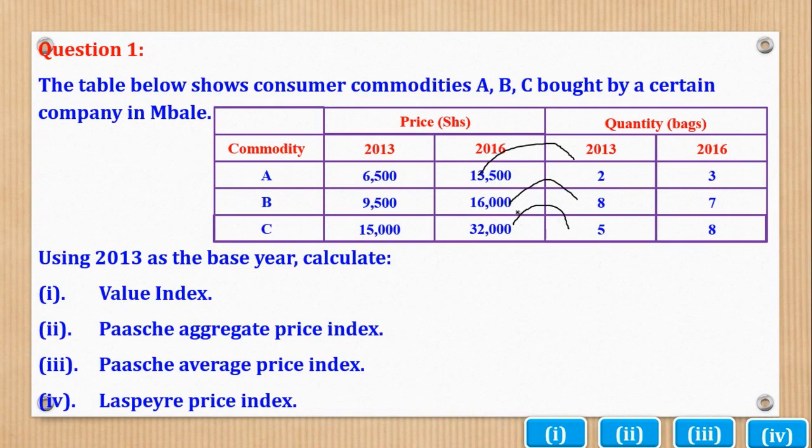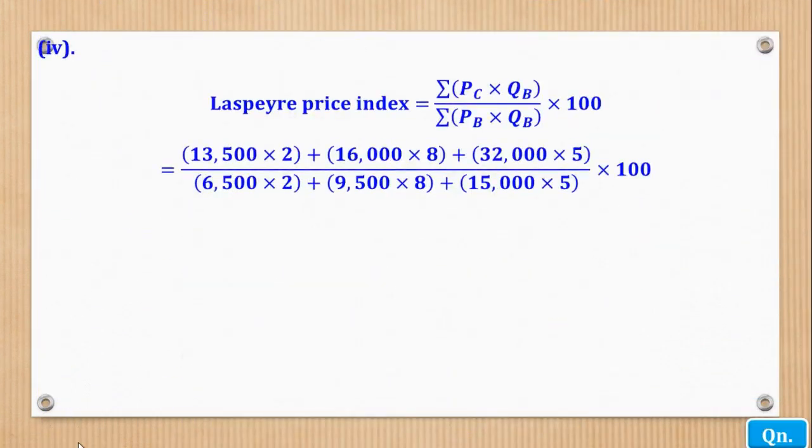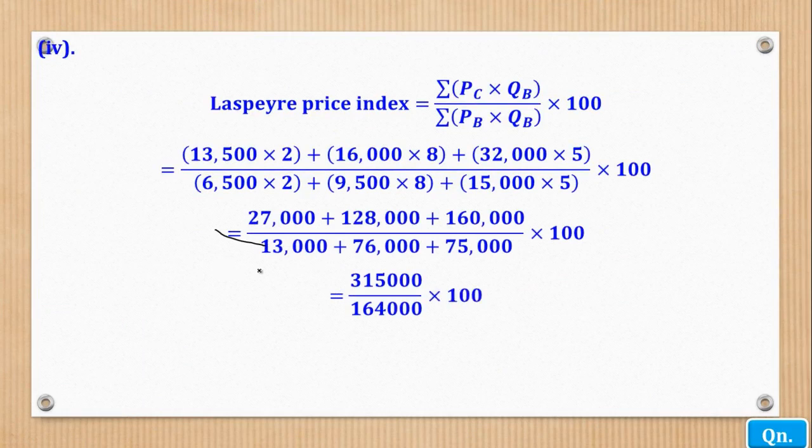That is the numerator. For the denominator, we shall use PB Q B. So this times this times this, and this times that. In other words, the current year quantities are ignored in Laspeyres. Therefore, we shall come here and simplify further, and then get the final answer, and that's what they wanted.